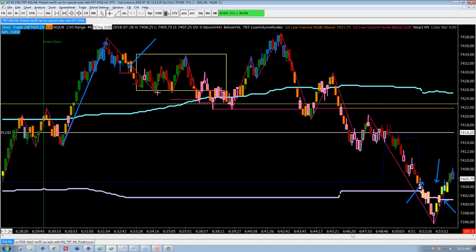The second thing that's going on is this volume profile system here was run using a model that was just the normal model, just the normal 6 o'clock to 9:30 Rev 55 all bars model.